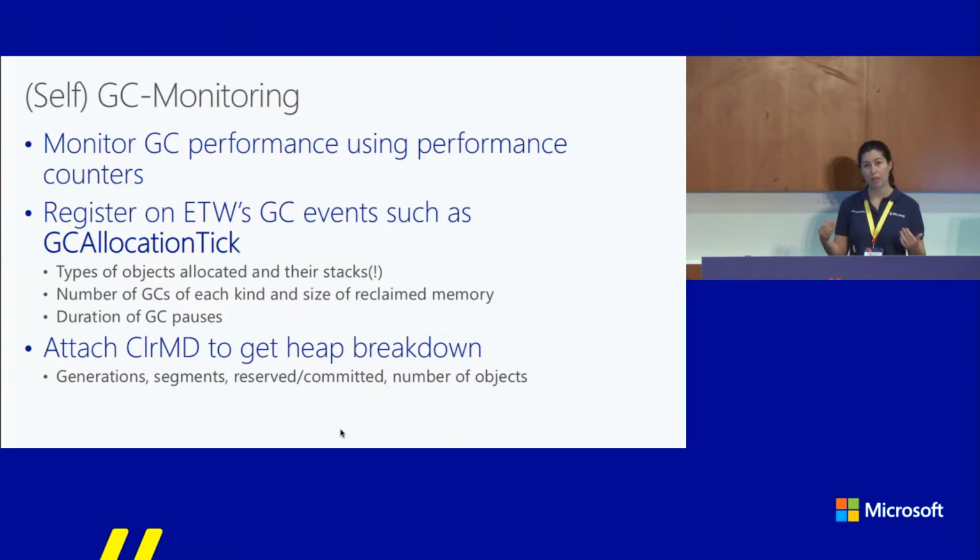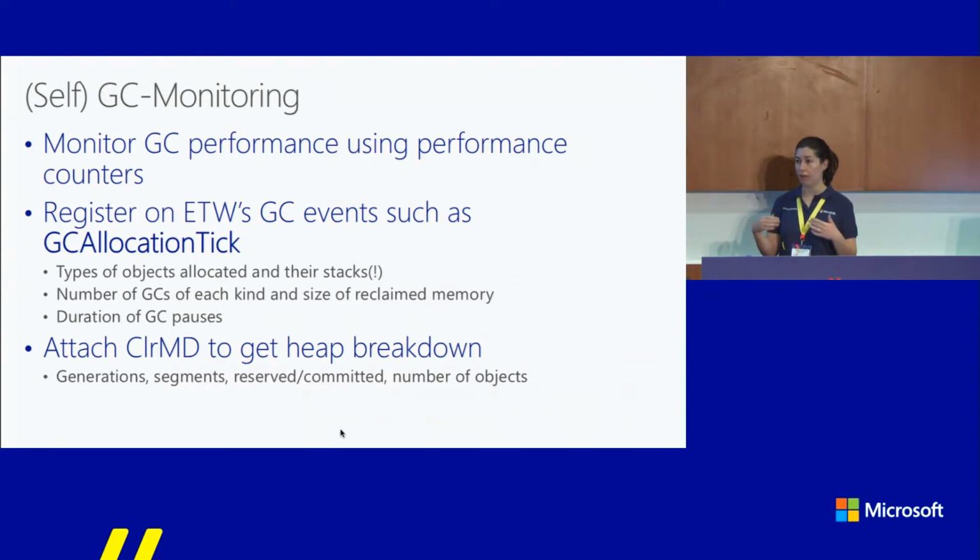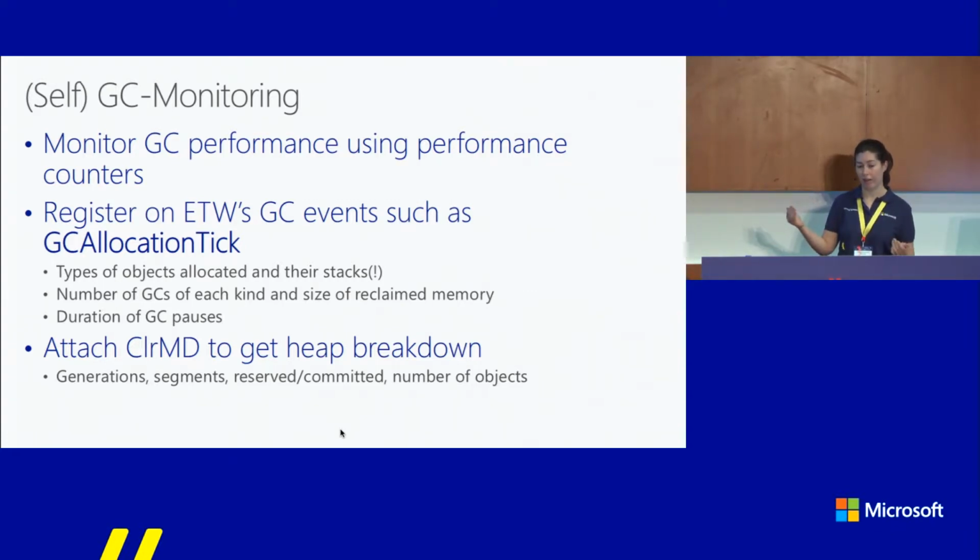And that would allow me to calculate some information about the types which we allocate and where they're being allocated, as you will see soon. And of course, just to mention, this is very important because if we get too much GC, our server might start failing to respond to requests fast enough.